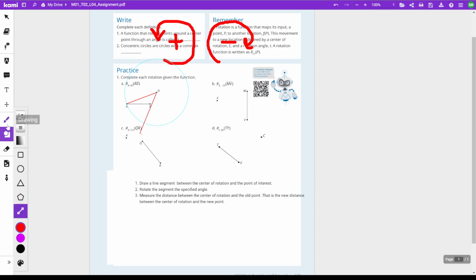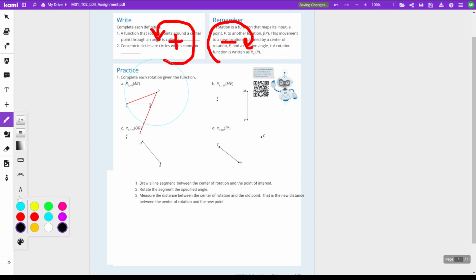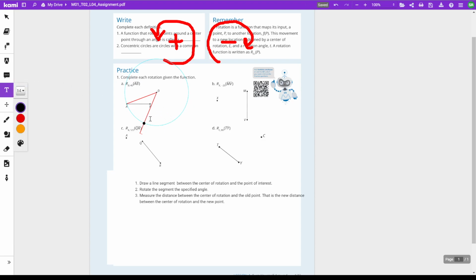So we're going to come over here, we're going to grab black, and we're going to make this 2, and we're going to make our point right there. Hold on, wait. I want that a little bit bigger. Right there. And so this is our new point A prime.